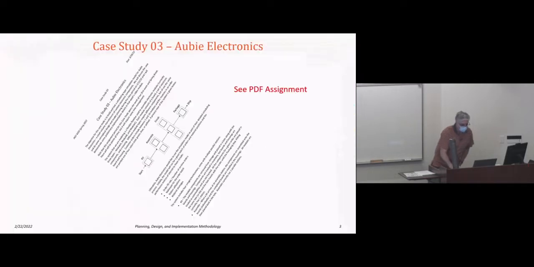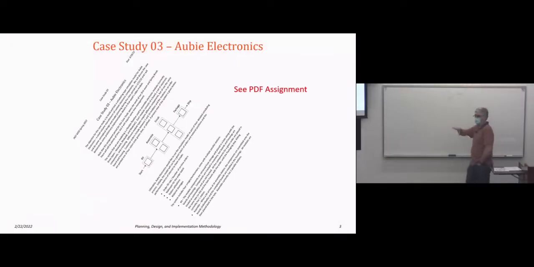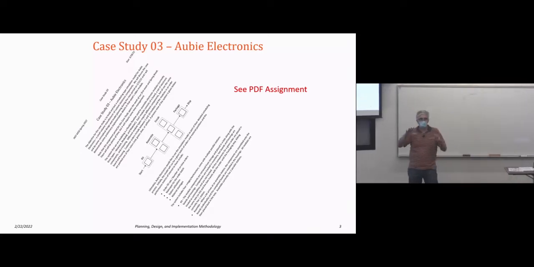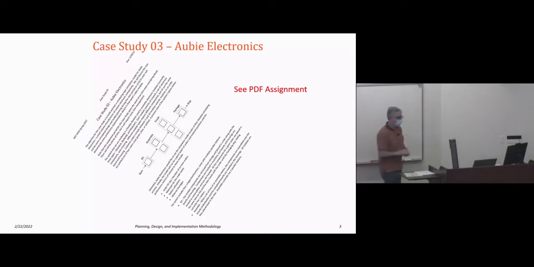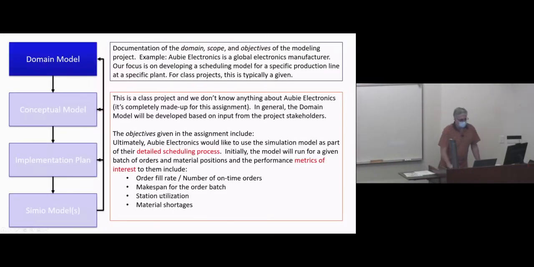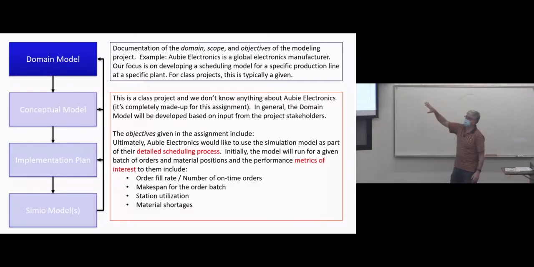Okay, so now you have this assignment, or this problem. I want to talk about the conceptual design, the process that we would follow. Domain model, as I said, is typically done with the stakeholders. Now, Obby Electronics, we don't know anything about. Actually, I made it up for this class.